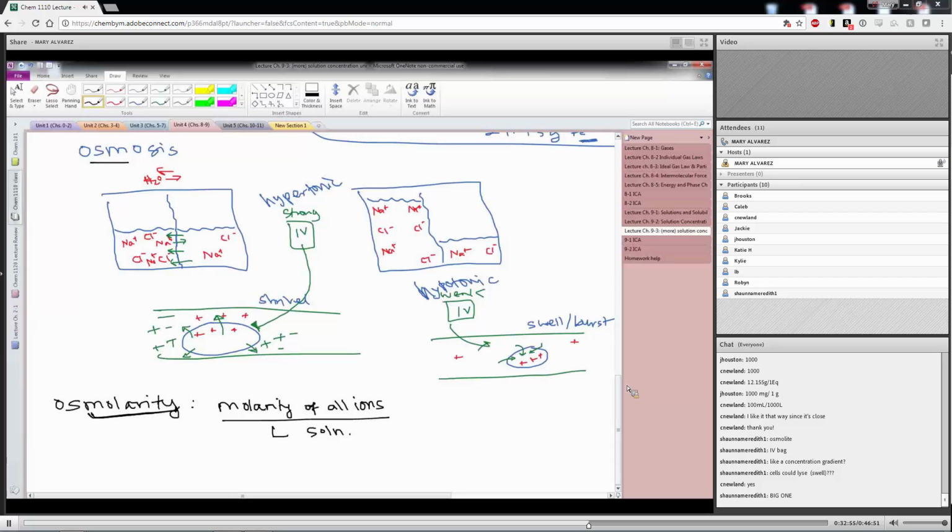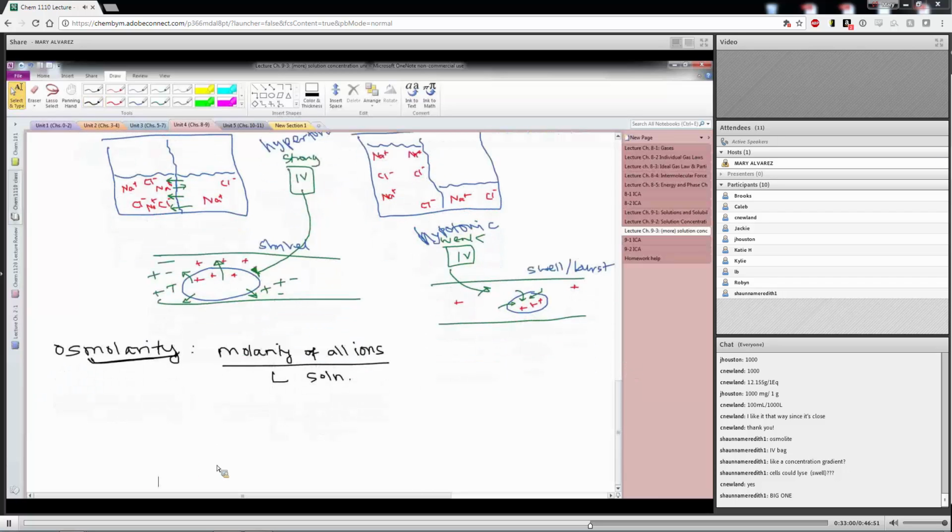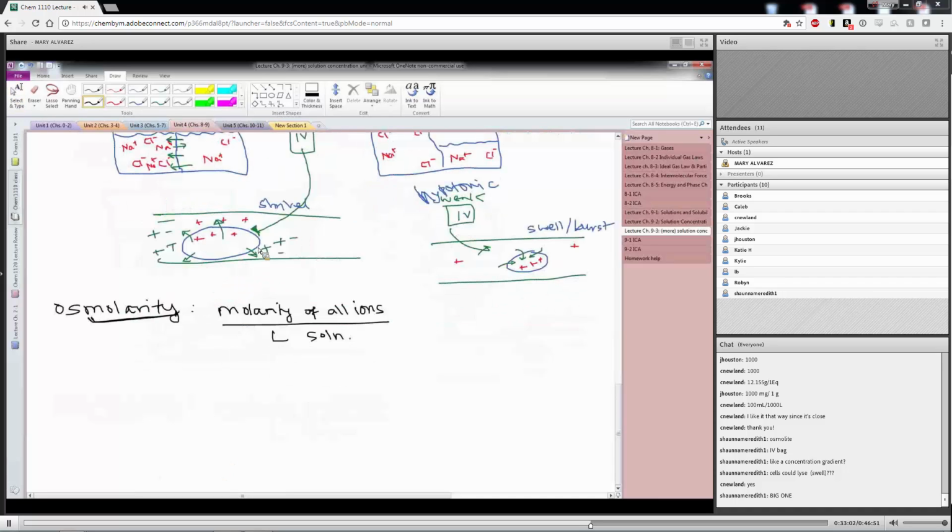And the quick and easy way to calculate this, if you just got one thing in solution, is to calculate the molarity of that solution, which is the moles of that species, and then multiply the molarity by the number of ions that dissociate in solution. I shouldn't say ions, it should be all species, right?